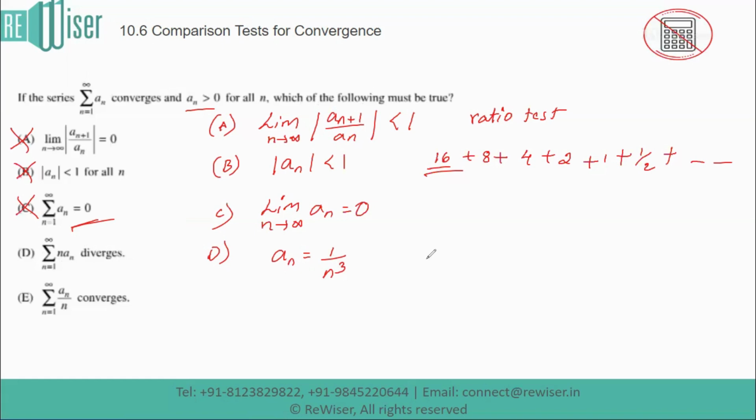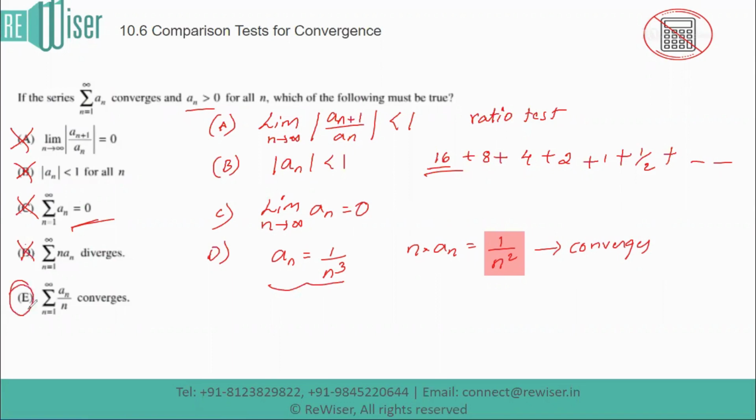If a_n is 1 over n cubed, my n times a_n would be 1 over n squared. And if you observe it, by the p-series test this one also converges. So it doesn't mean that if a_n converges, n times a_n would diverge. That will not work always. So that's why D is also wrong.